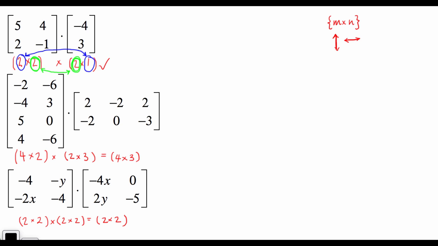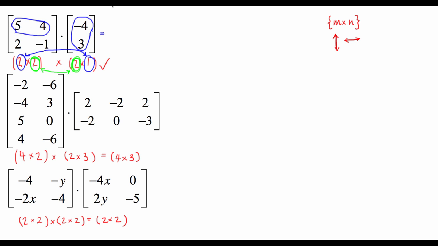Okay, so let's go about doing the matrix multiplication, and we'll go through the algorithm that's required. Matrix multiplication works by taking the first row of the first matrix, in this case 5 and 4, and multiplying it by the first column. Well, this is the first and only column in this matrix.